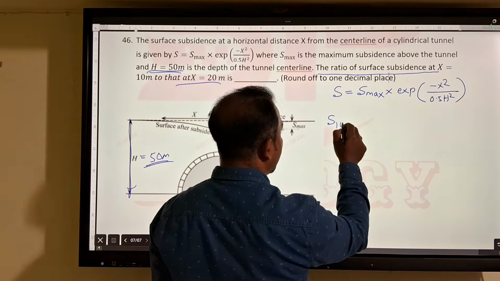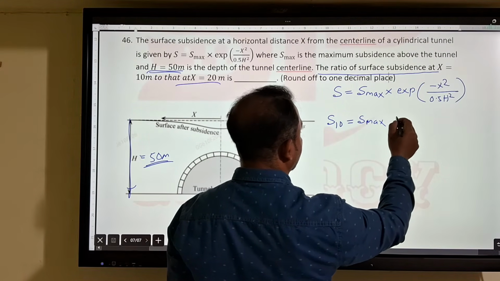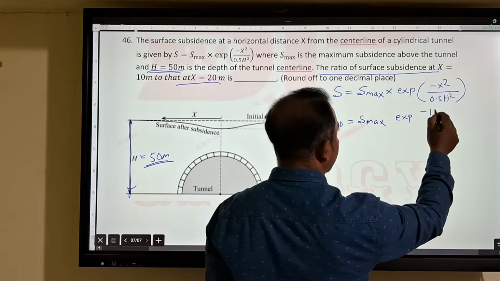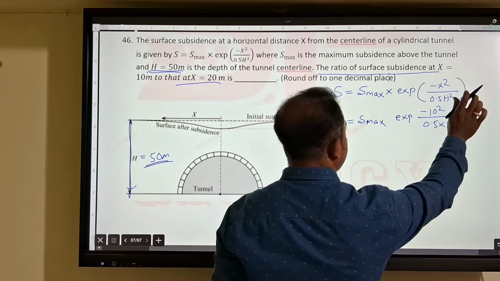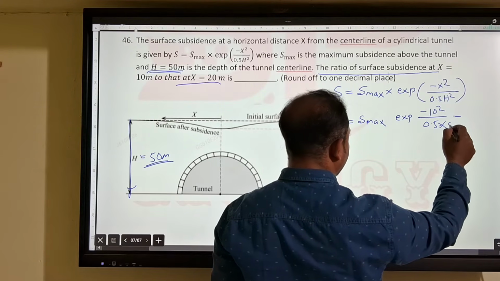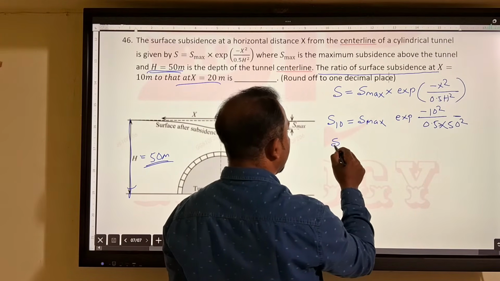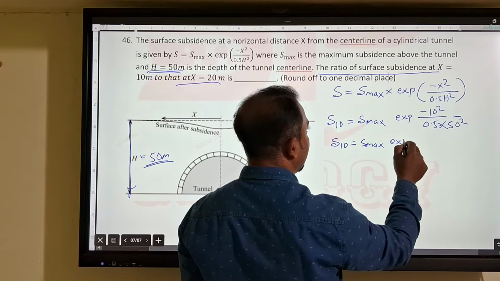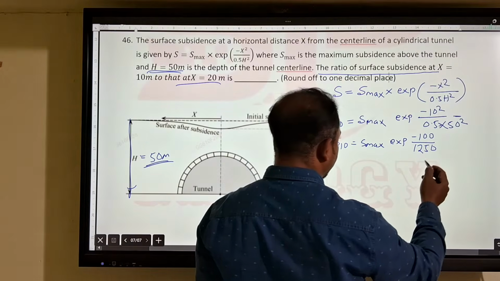First we will calculate the surface subsidence at 10: s10 will be s max, the exponential of, so the value of x is 10, that is minus 10 square divided by 0.5 into h square, where h is given as 50. So s10 equals s max exponential of minus 100 over 1250.